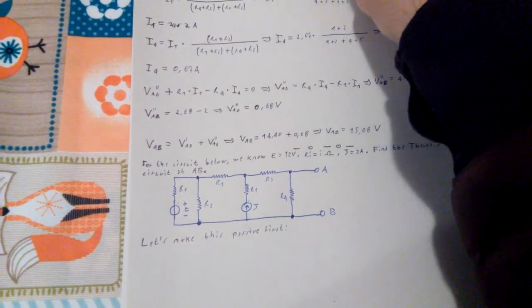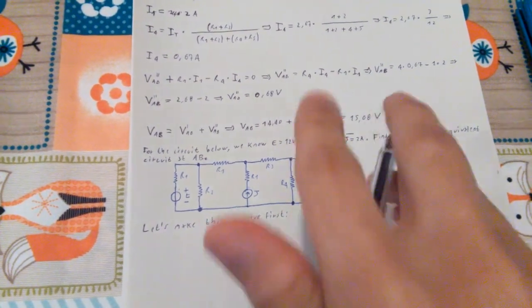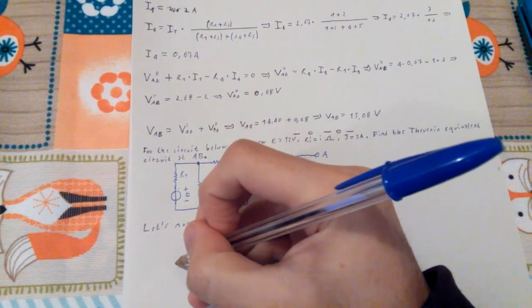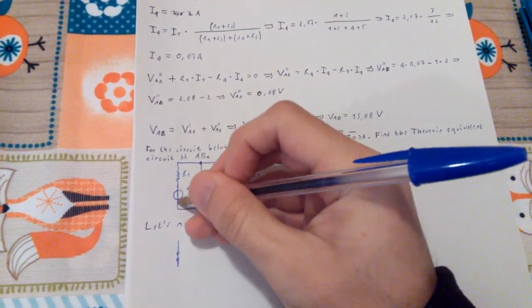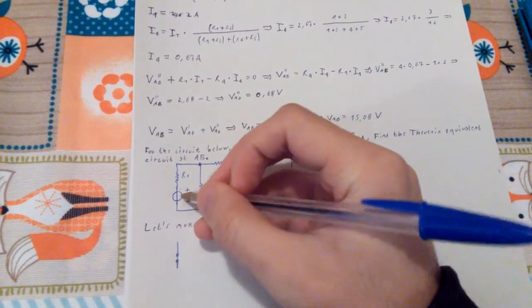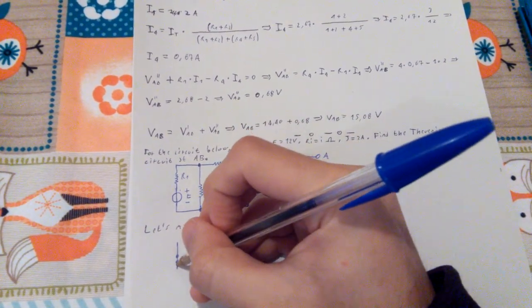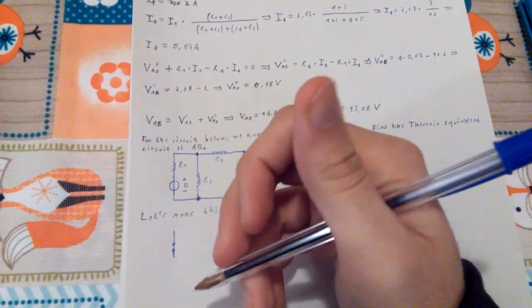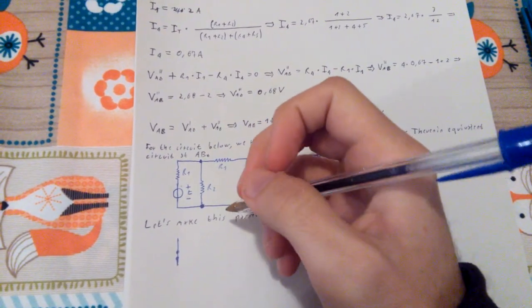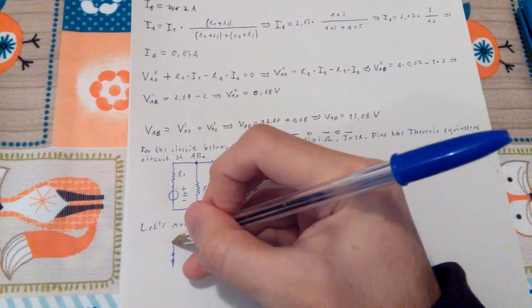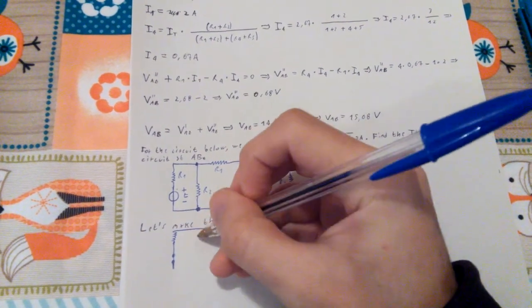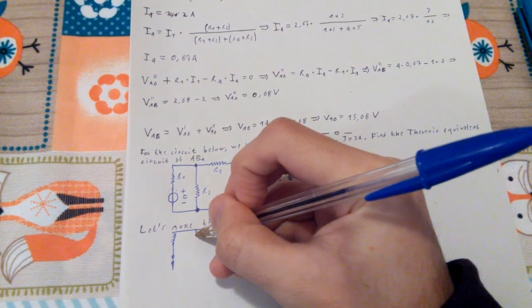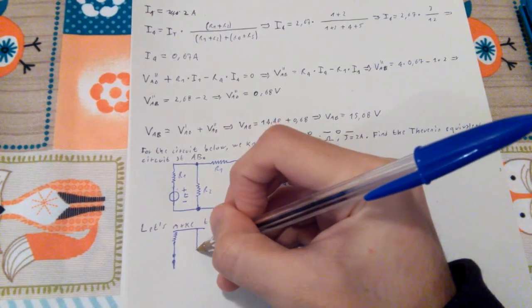Okay, so by making it passive, as I said, I'm basically going to have nothing here where there used to be the voltage generator, just a straight line, which basically means a short circuit. Then a resistance. Then here I'm going to have the same resistance.